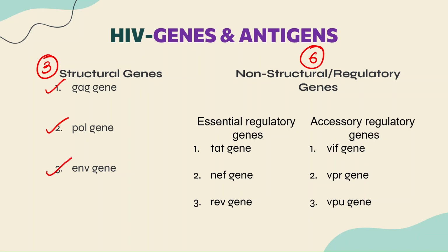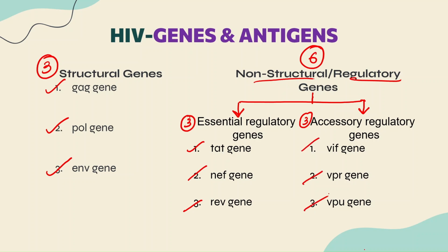The 6 non-structural regulatory genes are divided into essential and accessory regulatory genes. The 3 essential genes are TAT, NEF, and REV. The 3 accessory regulatory genes are VIF, VPR, and VPU.